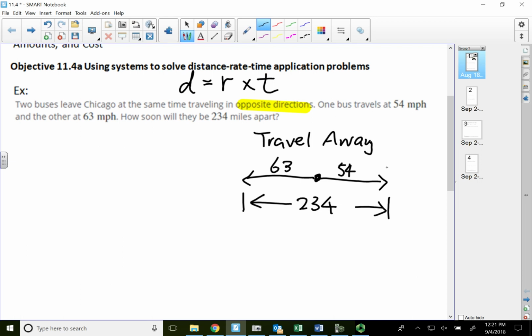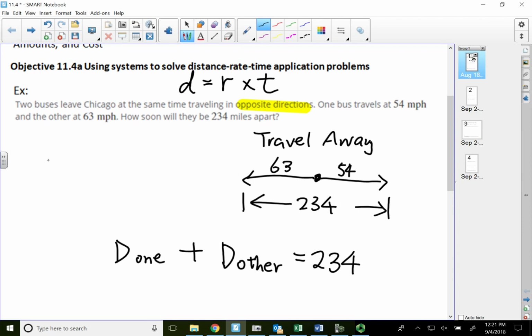But after both buses travel some time, when they stop, they will be 234 miles apart. So the distance of the one bus going to the right plus the distance of the other bus going to the left is going to equal 234 miles. Our job is to find the time: how soon would they be that many miles apart?